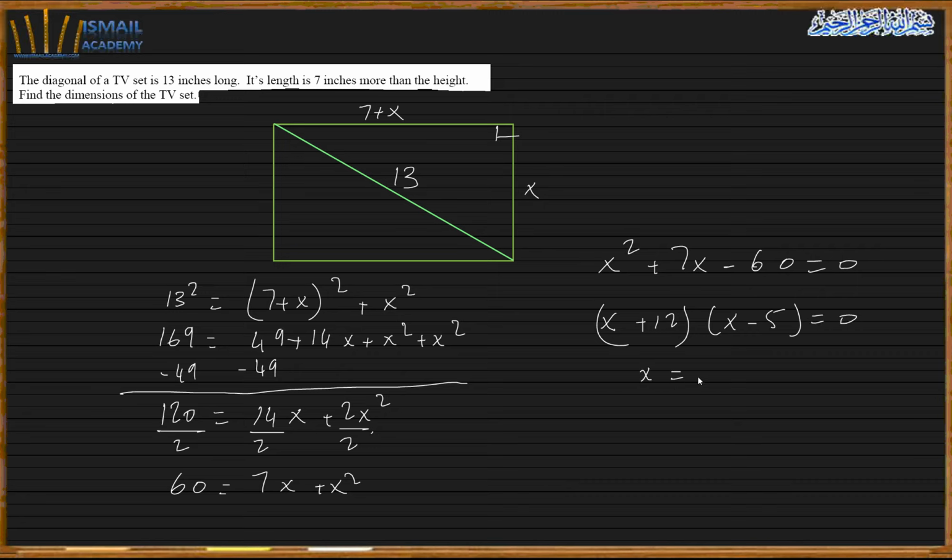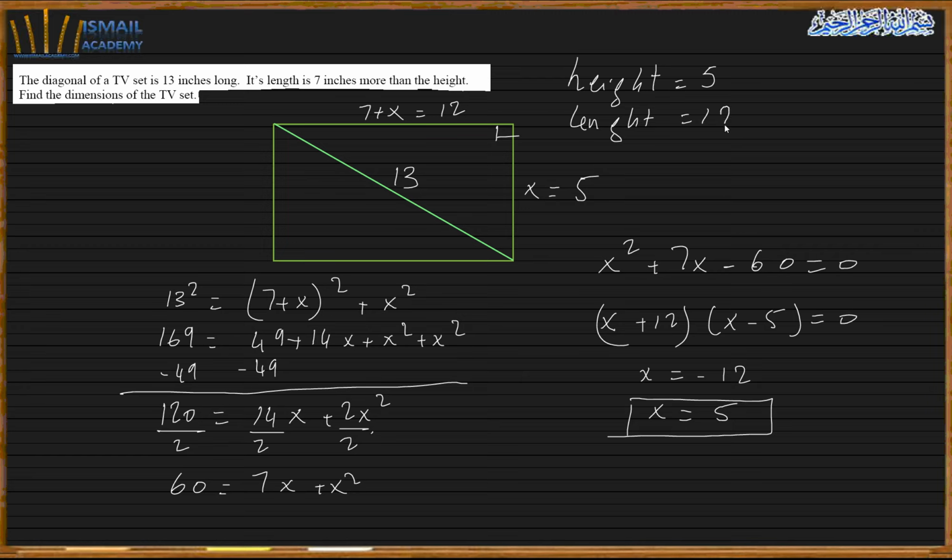So we'll have x equals minus 12 and x equals 5, because I make each equal 0. I know the width cannot be negative, so of course it's going to be positive. So x equals 5, and if I put 5 here, I get 12. That means my height is 5 and my length is 12 inches.